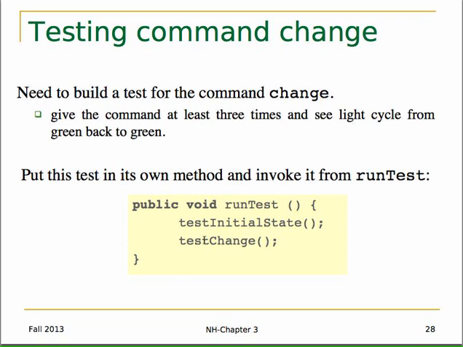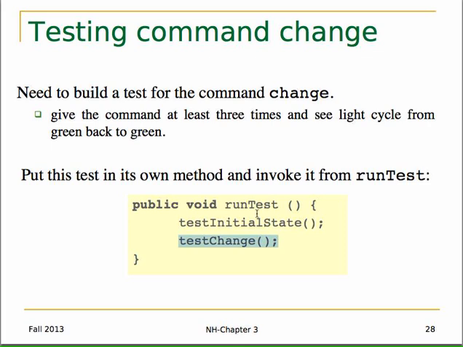And then in test change, we're going to test the change method. We change it once, make it yellow, change it another time, make it red, change it a third time, make it go back to green. Ideally, that's what will happen. So we put this test in its own method, and we call it from the run test method, where all the tests start.